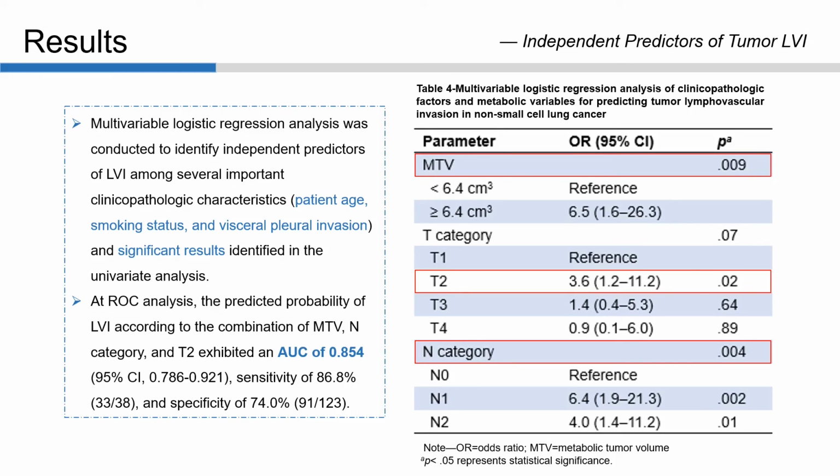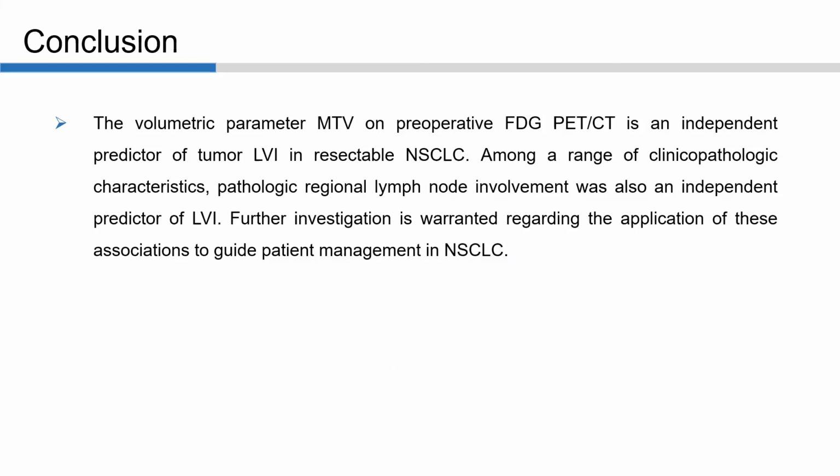At ROC analysis, the predicted probability of LVI according to the combination of MTV, N category, and T2 exhibited an AUC of 0.854. In conclusion, the volumetric parameter MTV on preoperative FDG PET is an independent predictor of tumor LVI in resectable NSCLC.